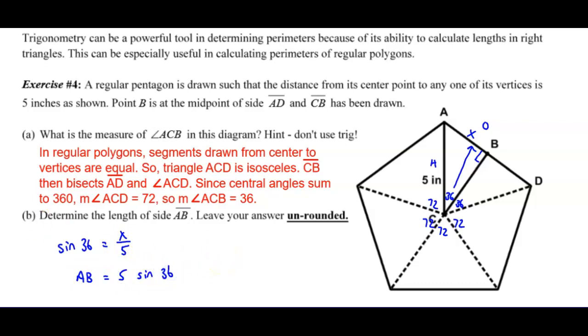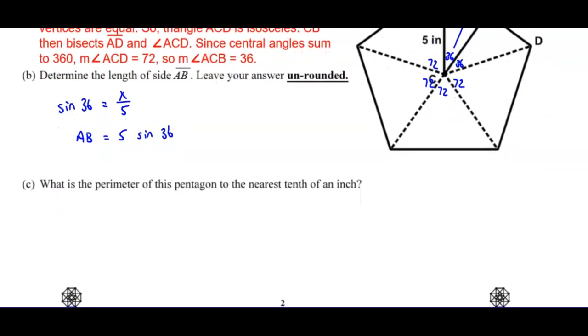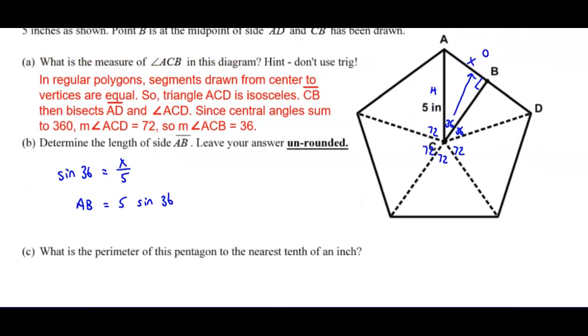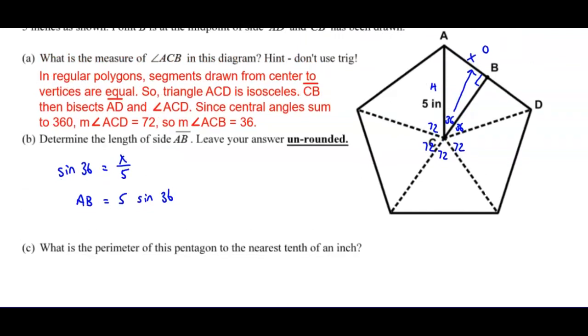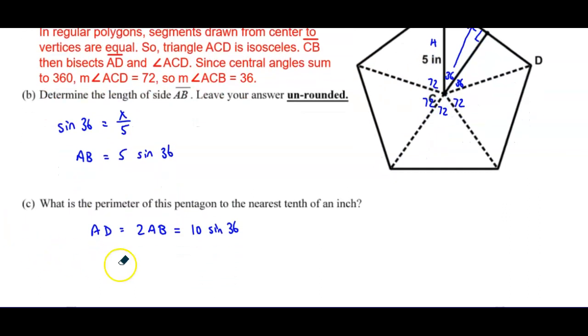All right, and then the perimeter to the nearest tenth of an inch, well, if AB was 5 sine 36, then AD would be 2 AB segments, which would be 10 sine 36, just doubling the 5 sine 36. So to get the perimeter of the pentagon, I have 5 sides, each of which are 10 sine 36. And so that comes out to about, to the nearest tenth of an inch, about 29.4 inches.